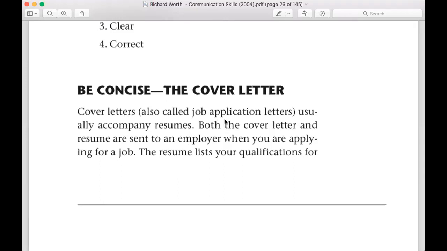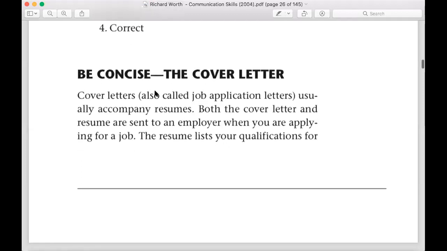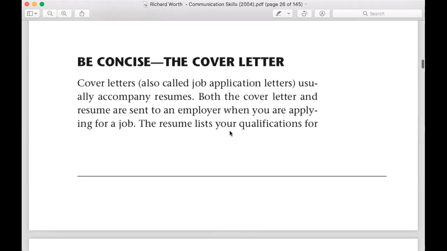There's a difference between a CV and a resume, and we are going to talk about that also. But right now, you are reading a story. These are sent to your prospective employers while you are applying for a job. There can be a number of channels through which you can get to know about jobs. We are going to look at that also. How do you find a job?